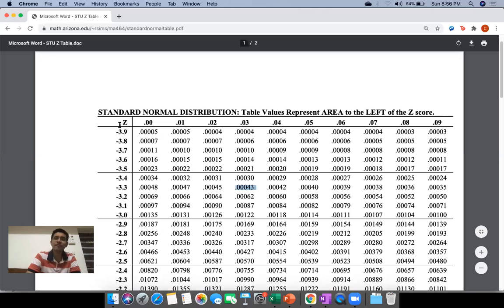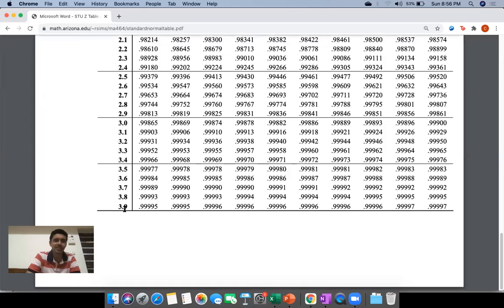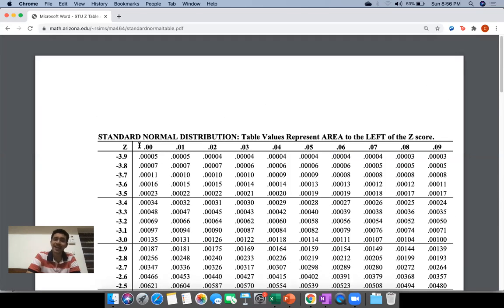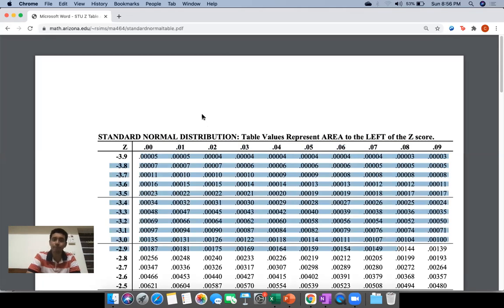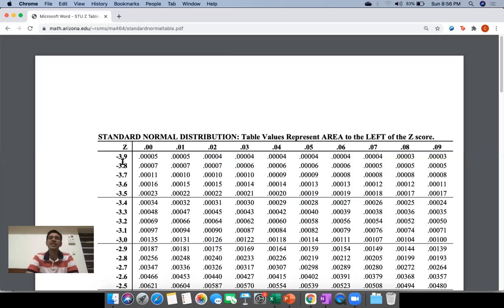So you have values of Z ranging from minus 3.9 to plus 3.9, and you have the second decimal in the top row. What you have in between is the probability, the probability that Z will be less than this value. The probability that the variable Z will be less than minus 3.9 is going to be 0.00005.